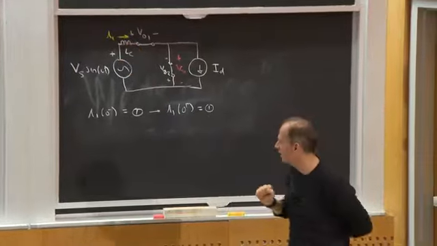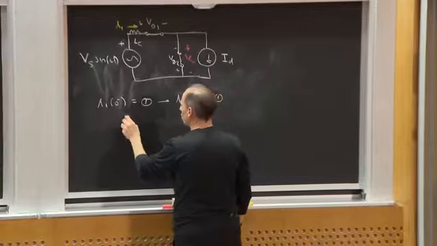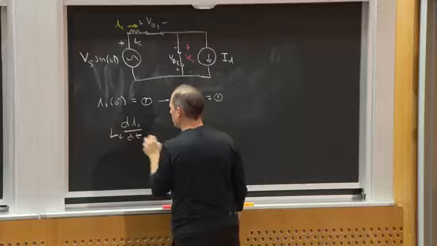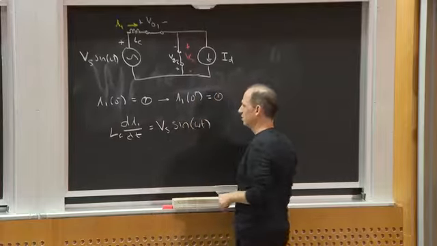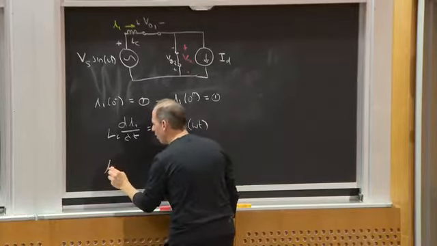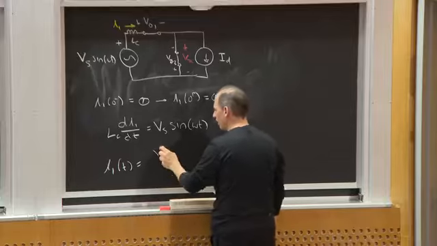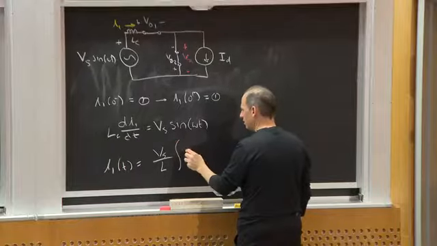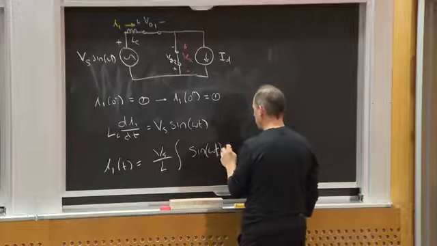So what does that mean? Well, I can calculate: L di1/dt is equal to Vs sine omega t. So I ought to be able to calculate I1 of t is equal to Vs over L times the integral of sine omega t dt.